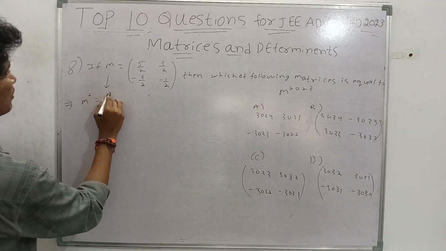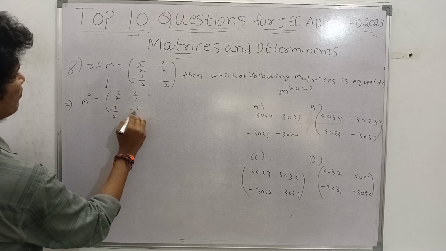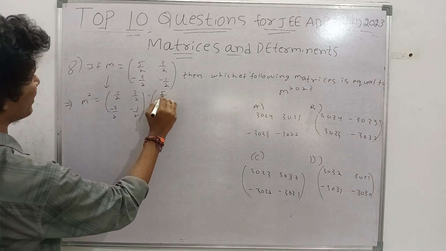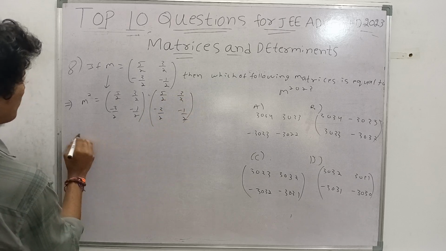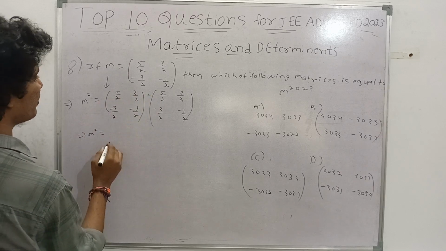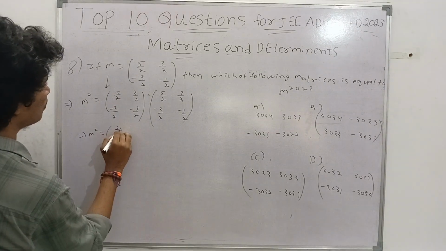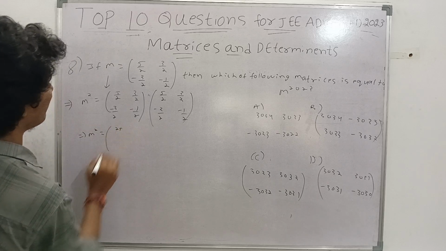So I am doing M square. 5/2, 3/2, minus 3/2, minus 1/2, multiplying with 5/2, 3/2, minus 3/2, minus 1/2. So when we multiply, we get M square equal to 5/2 into 5/2, it will be 25/4.